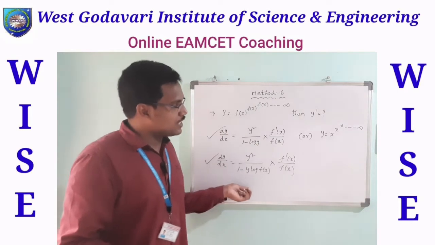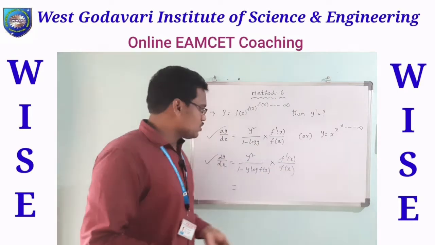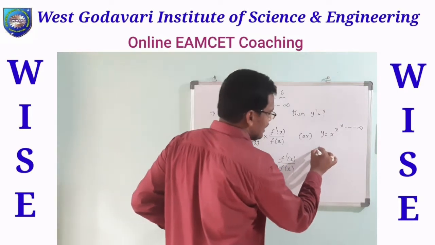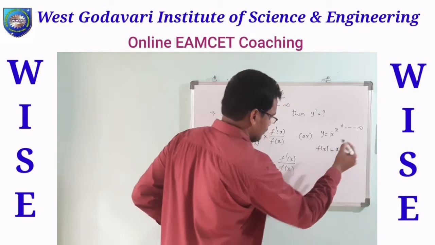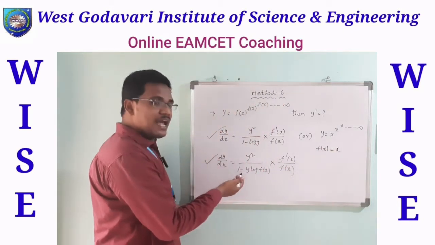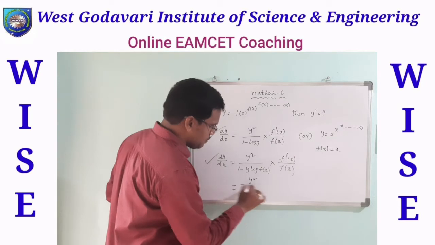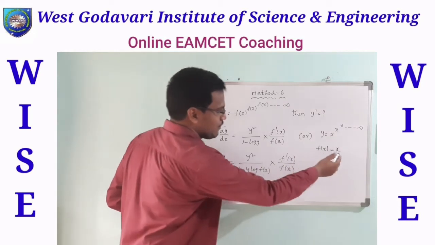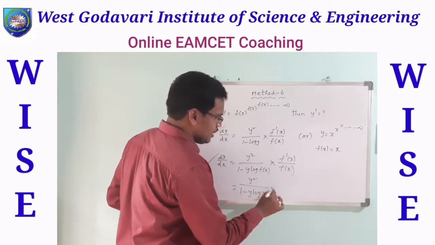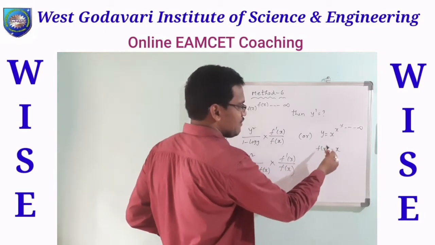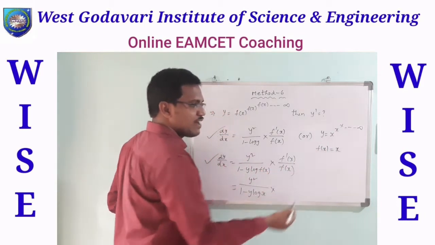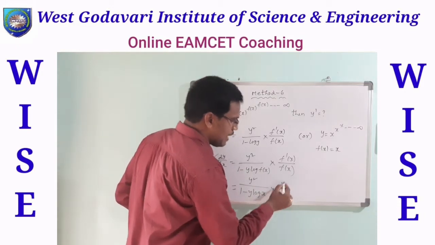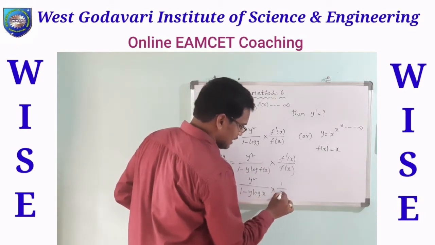Now by using this technique on the given problem, here f of x is equal to x. Substitute f of x in the above term, that is y square by 1 minus y log f of x, here f of x is x, into f dash of x. Here f dash of x is d by dx of x, which is 1, by f of x, which is x.